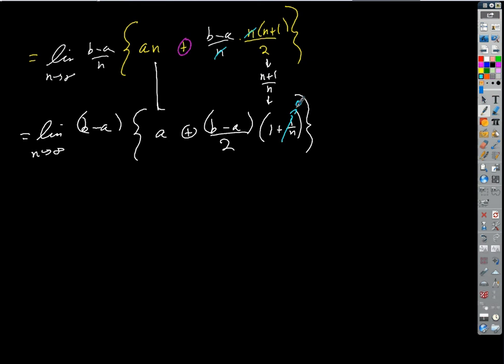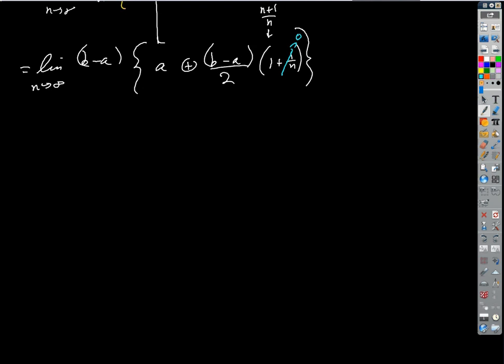So then I'm left with an answer that only involves a's and b's, which seems pretty good. So we end up with b minus a times a plus b minus a over 2. So we've just got to simplify that a little bit is all, right? Okay, so what might that look like?